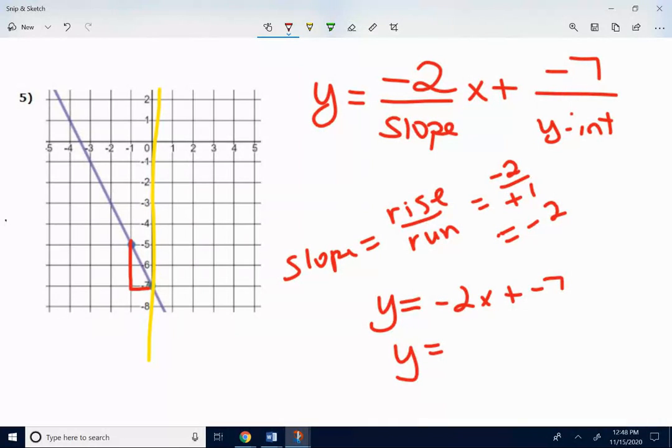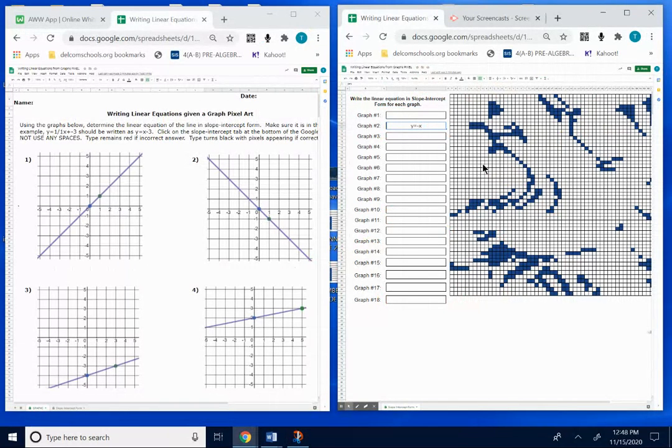Instead of adding a negative, think of it as just being subtracted. So y equals negative 2x minus 7 would be a little bit better way to think of this equation. Okay, so y equals negative 2x minus 7. Let's see, that was problem 5. So I'm going to type in y equals negative 2x minus 7. Click enter. And see, we have more of the picture.